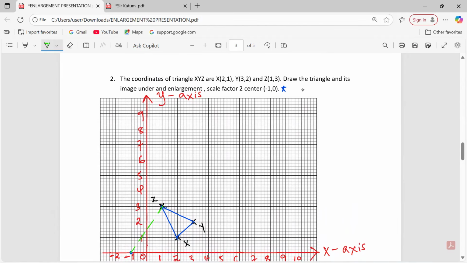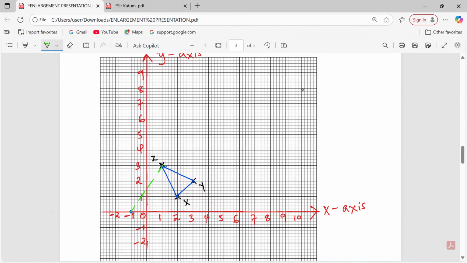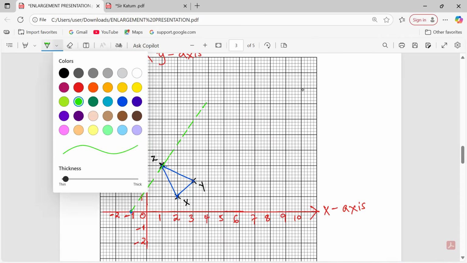Now with a positive scale factor, the image and its object are supposed to be on the same side of the center. So Z prime, the image of Z, is on the same side of the center as its own object. So I prolong on the same side. Then because of the value of the scale factor, I'll be able to make a number of moves here.